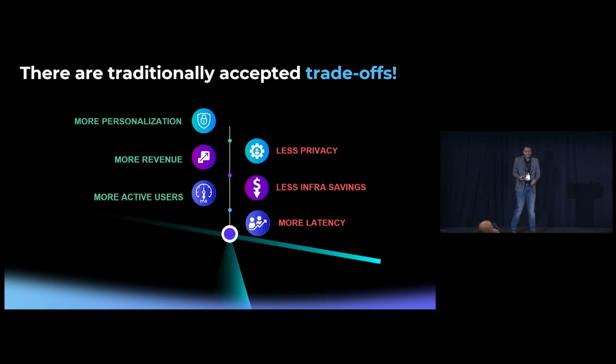These are the standard trade-offs that we have just gotten acclimatized to. We have understood that either we take privacy or we take personalization. Either we take revenues or we go for cloud cost reduction. We have to choose what's the primary objective the enterprise is looking for.